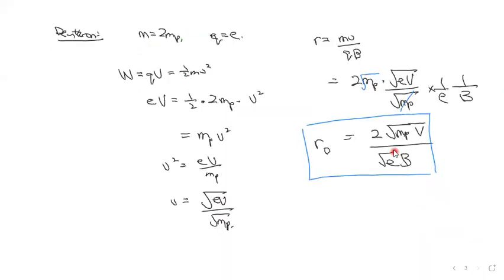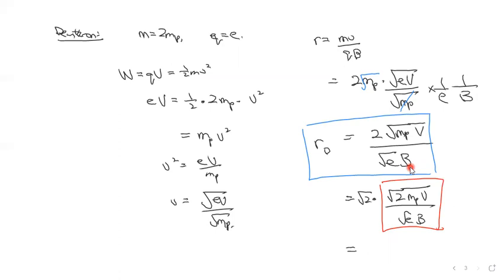So basically, this is equal to root 2 times root 2 m_p V over root e B. And this was what we worked out to be the radius of the proton. So in other words, the deuteron radius will be 41% bigger.